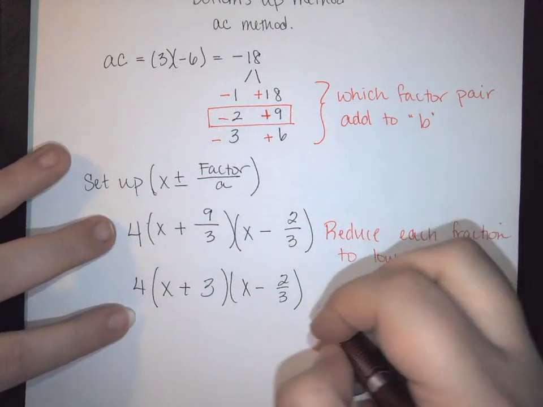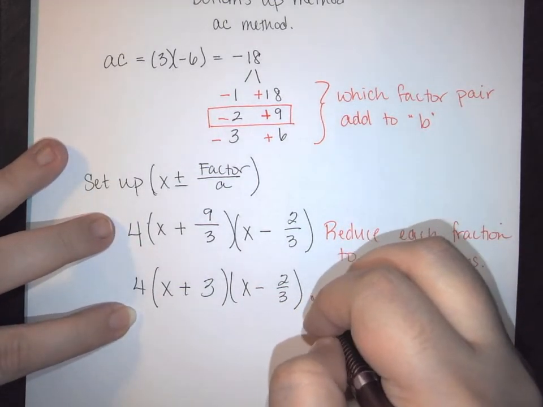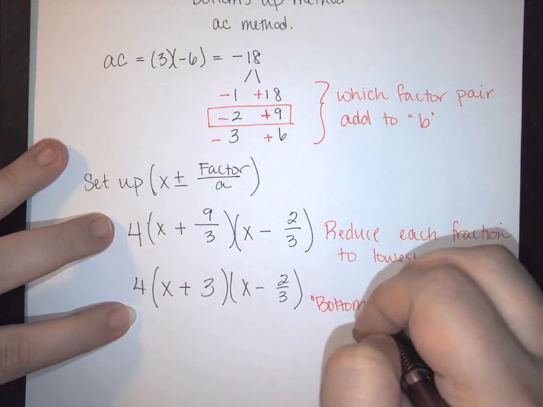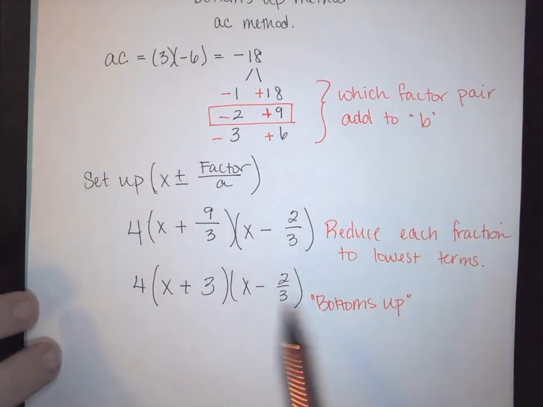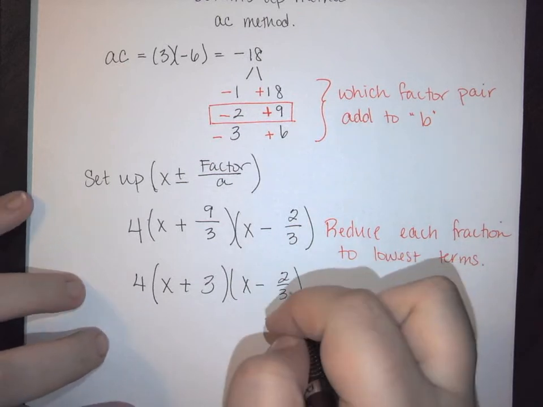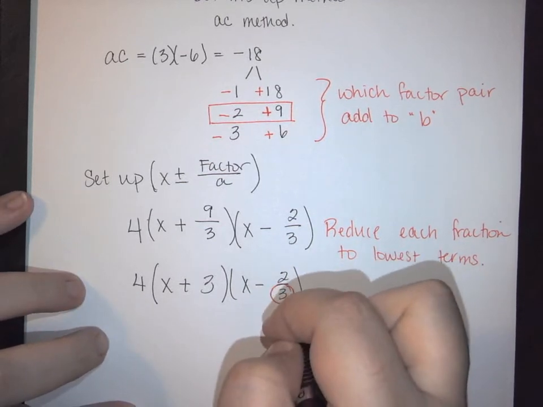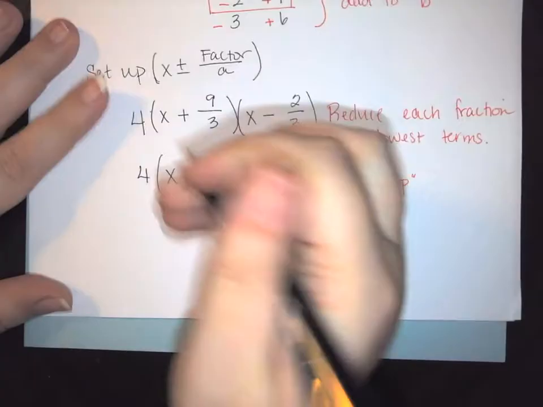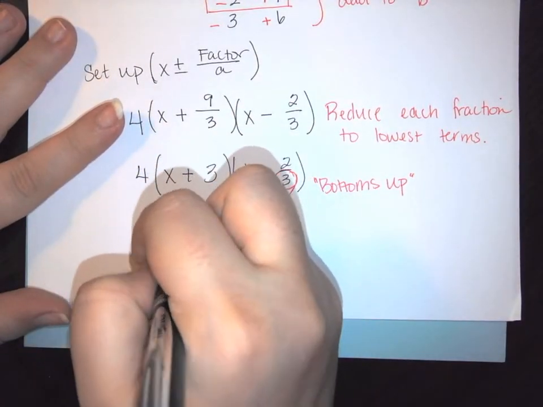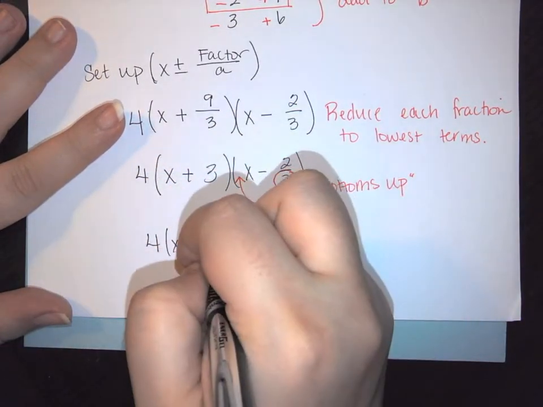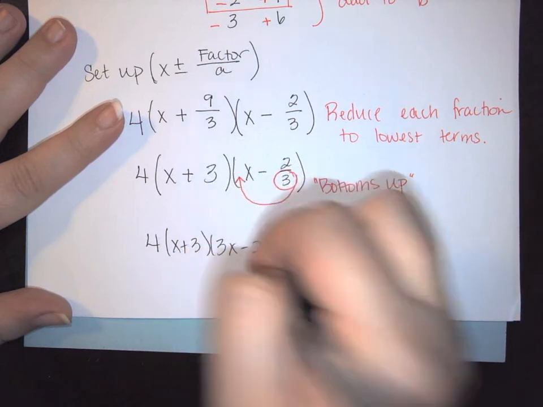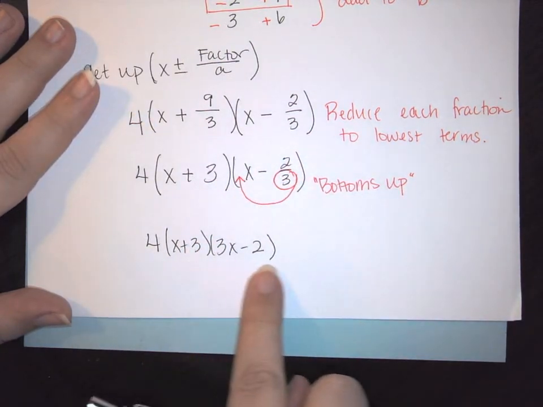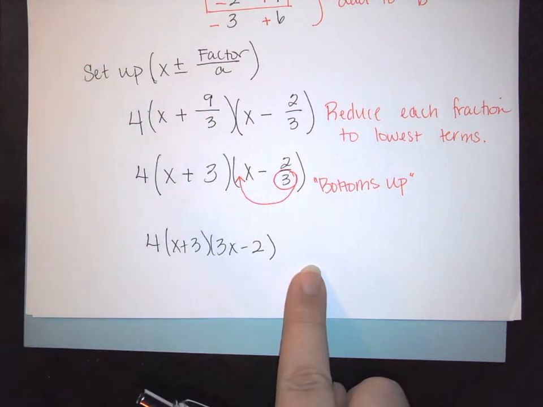The last thing we're going to do now is we're going to do bottoms up. What bottoms up means is any denominators that are still left, like this 3 down here, are going to go ahead and shift themselves up to become the coefficients of the x term. So here we end up with 4 times x plus 3 times 3x minus 2. Now if we were to multiply this whole thing back out again, we should come up with the polynomial that we started with.